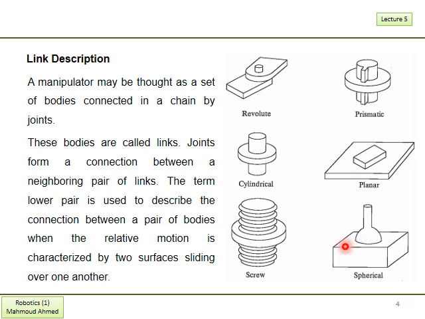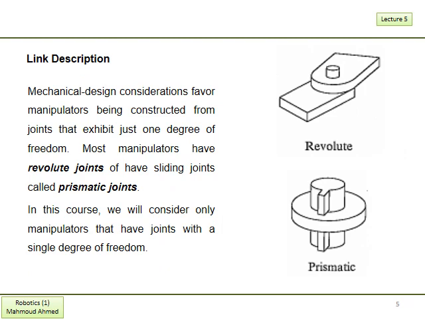Simply, in our manipulator, we will use only the first two types of joints, which are the revolute and the prismatic type of joint. So only these two types, revolute and prismatic, will be considered.